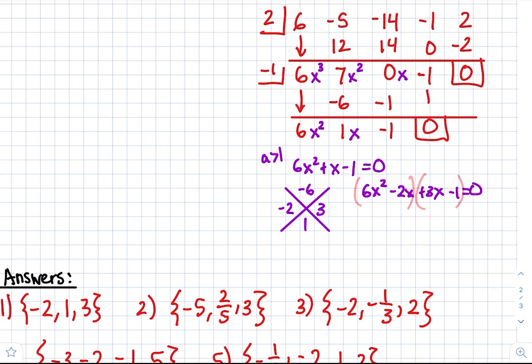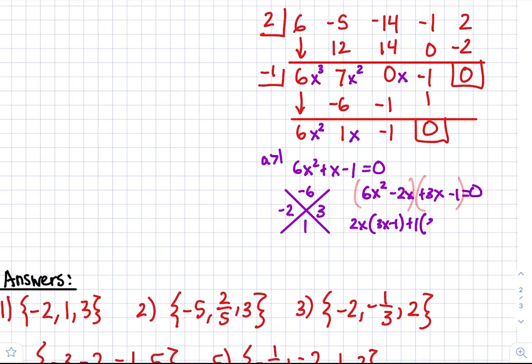Group. I can pull out a 2x from there to get 3x minus 1. And from here, you guys can't factor out anything, so the only thing we factor out is a 1. So we get 2x plus 1 and 3x minus 1. Set both of those equal to 0, and you guys should get -1/2 and 1/3.